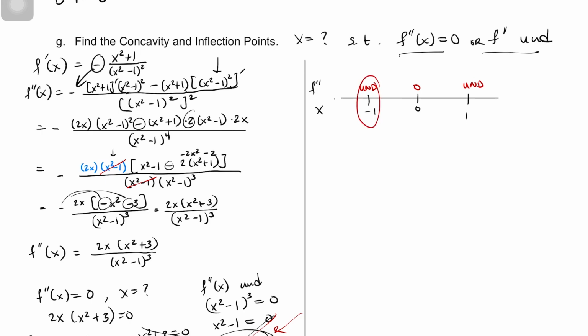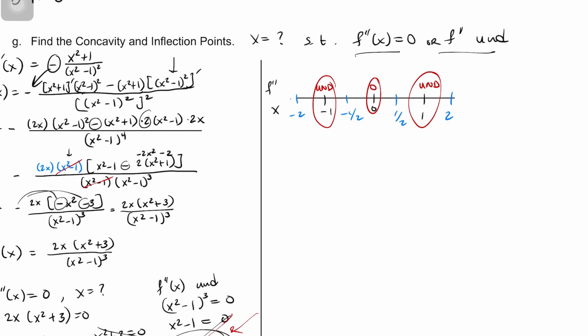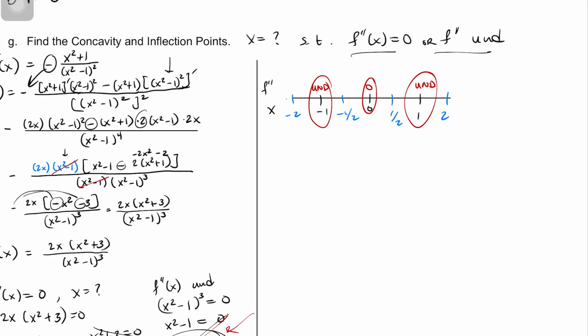So the question is, what's happening around these, such as negative 2, negative 1/2, 1/2, and 2? All right, so let's figure this out. We're going to test them in our second derivative, which looks like this.